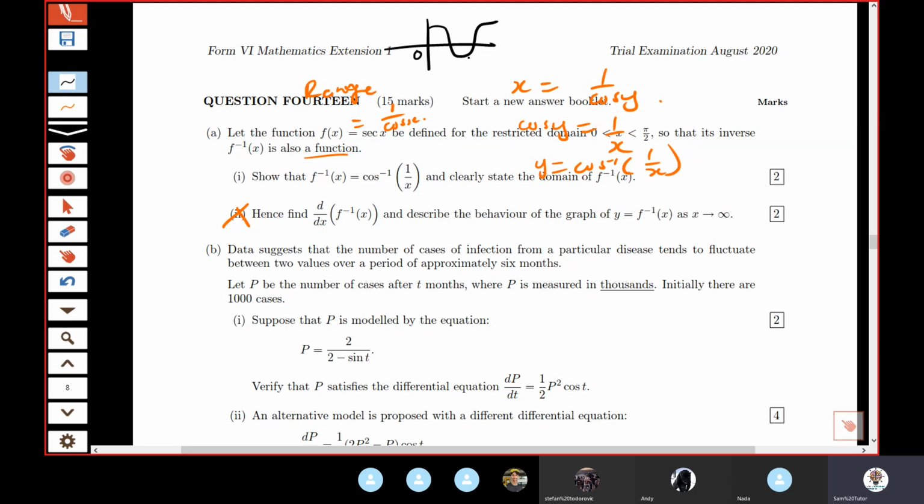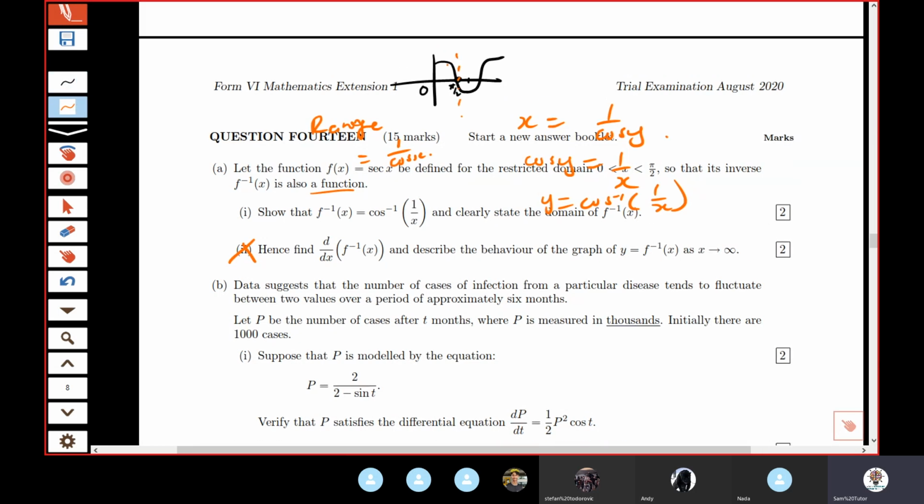So from 0 to 90 is right there. Sec is obviously from 1 all the way to infinity. So therefore your range, sorry, your domain would be from 1 to infinity.